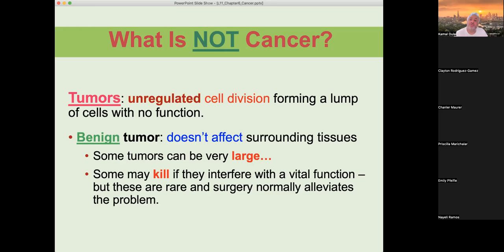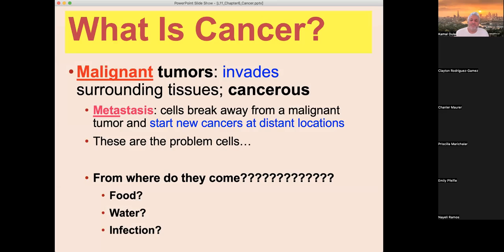Benign means unable to travel and set up a new colony in your body. They don't invade other tissue. They are restricted to the layer of tissue in which they were originally present, the original cell, right? So they can't go into blood. They can't go into fat. They can't go into the liver or your brain. They can't grow there, okay?